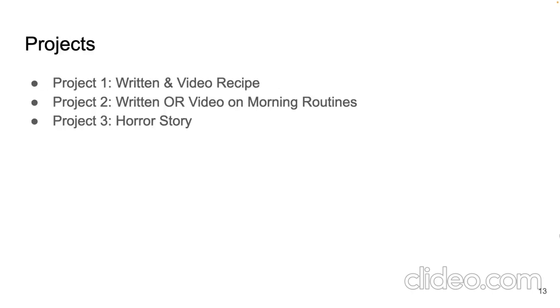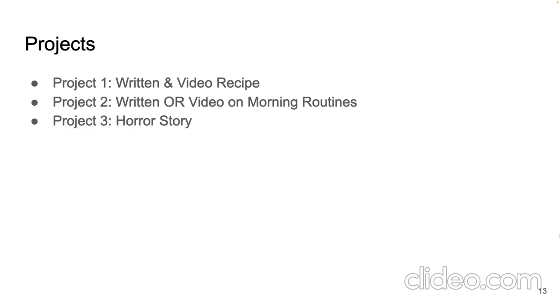For the first project, they had to write and create a video for a recipe in French. If you go online and see a recipe, it often has a video with it, so they had to create both.